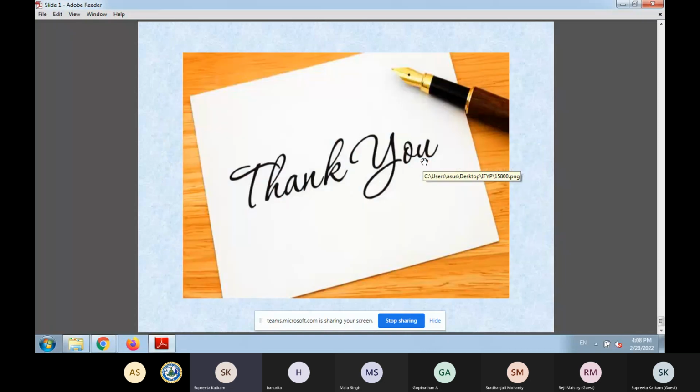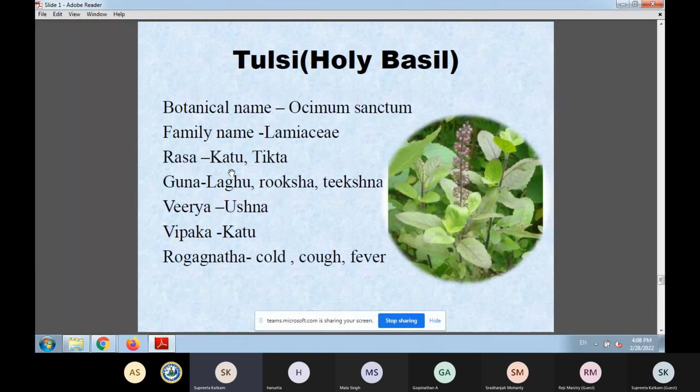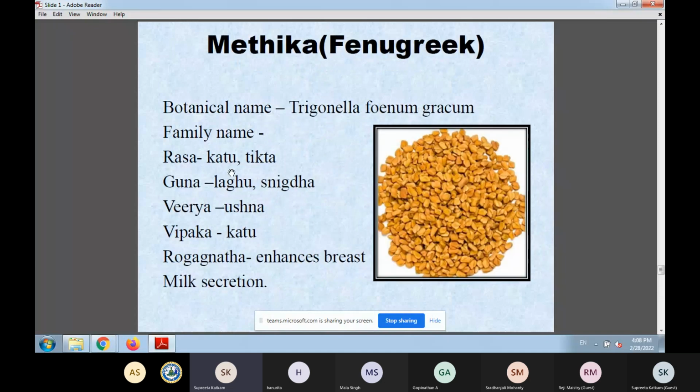Yes, thank you. Any questions? Basically, today's concept is that you should know Rasa, Guna, Virya, Vipaka, and then accordingly you'll be able to know in what conditions to use. This is a little core of Ayurveda, a little difficult to understand maybe. So this is a base for you to understand the next concept of home remedies.